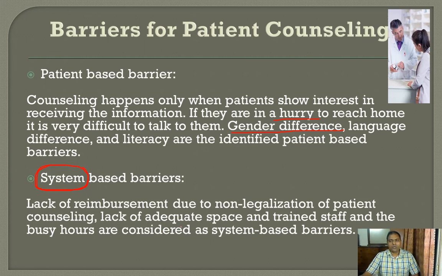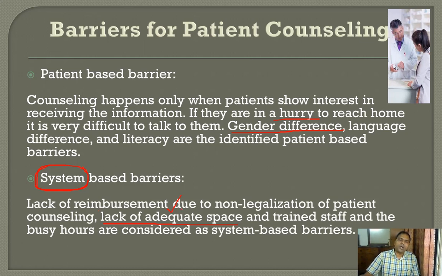So lack of adequate space. Sometimes what happens, there won't be enough space in the pharmacy to discuss. So this is also a system based problem. System means it is the system inside your pharmacy. You may not have enough space.